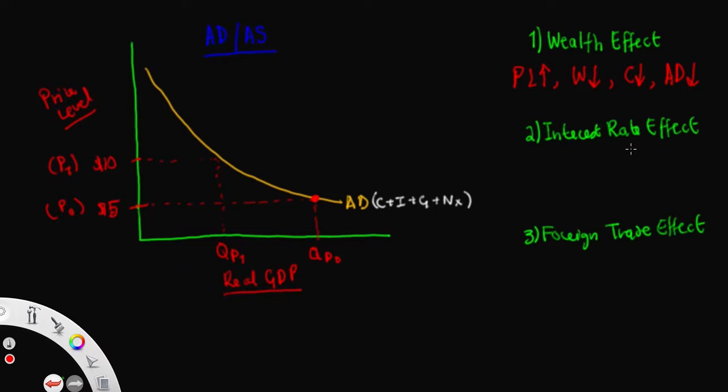The second reason is the interest rate effect. So as price levels increase, and price levels usually increase, remember, in macroeconomics due to inflation, our interest rates will also increase. And think about it.